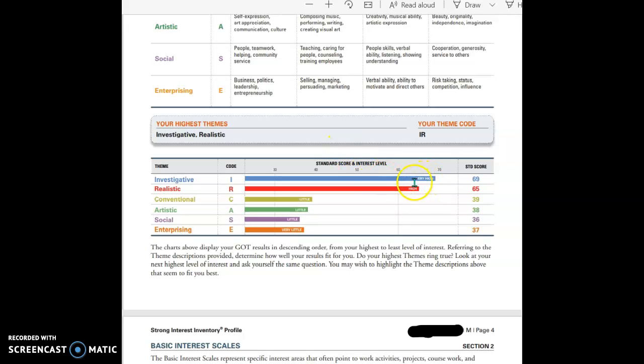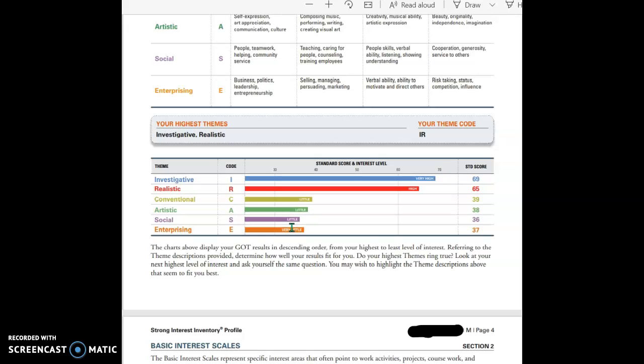There are also word descriptors within the bar graph, and those descriptors might range from very high to moderate, which there isn't any on this particular report, to little and very little. And someone with a very high interest in an area will likely report a high level of interest in that category.